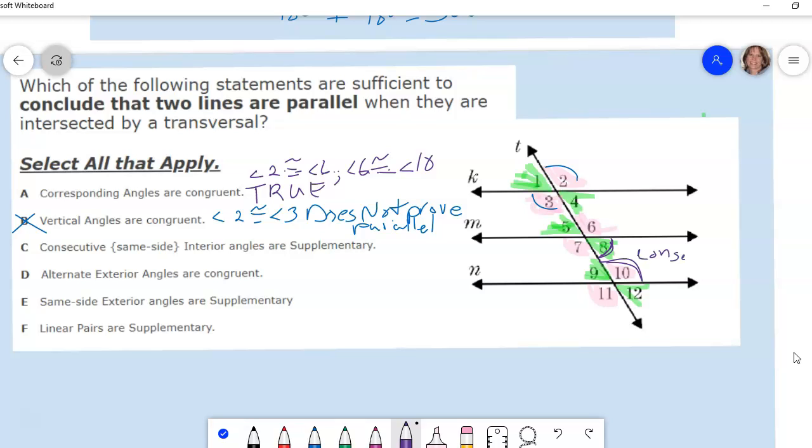And we know based on proofs we've done before that consecutive angles formed by two parallel lines cut by a transversal are going to be supplementary. So the converse of that statement is also true: if we have consecutive angles that are supplementary, then we must have parallel lines being cut by a transversal. So this statement is also true.